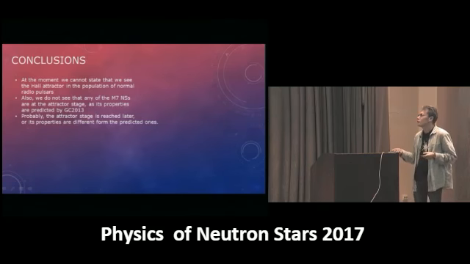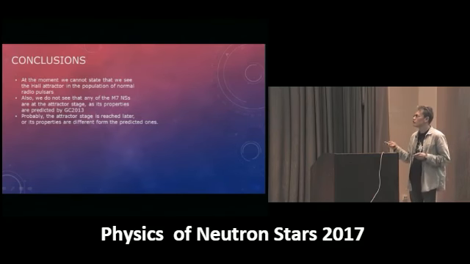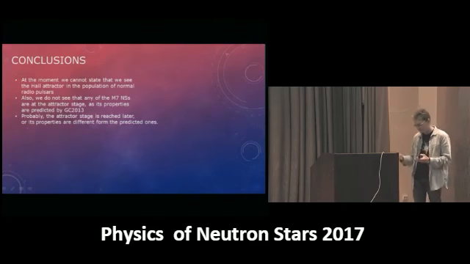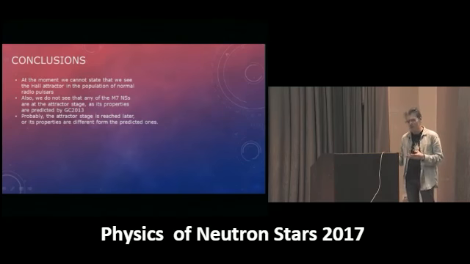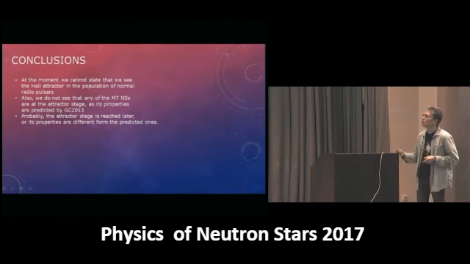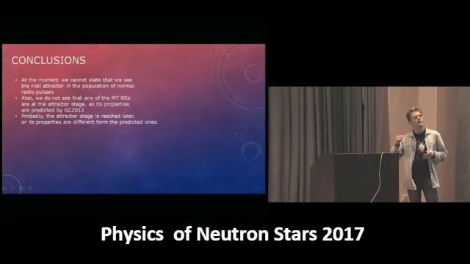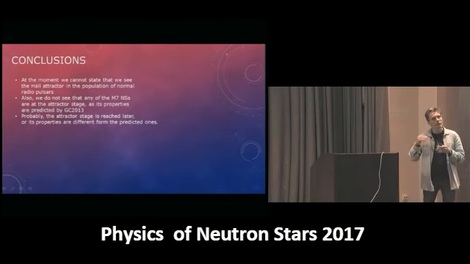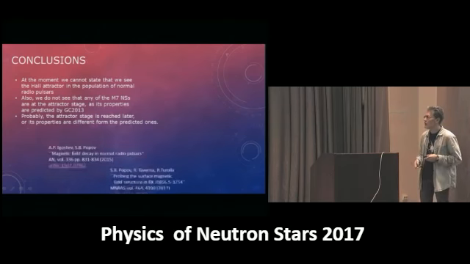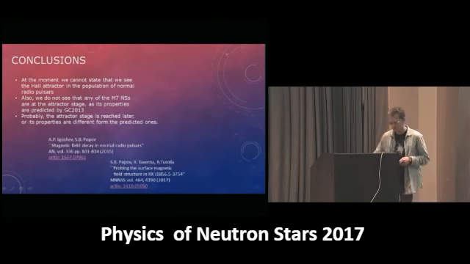So probably if the attractor existed, it is reached later, and simply the sources we could study are not at this stage yet, or probably this stage doesn't exist. Then there is a problem. We have to stop the decay somehow, and it would be very nice to have such a stage. And that's it. I just leave it with the references. Thank you.